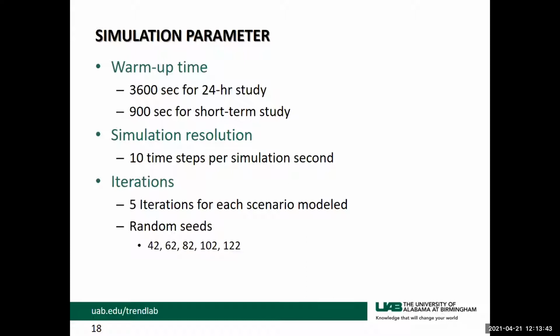As we worked with the simulation model, with something that is typical with this type of work, we had some warm-up time, 3,600 seconds for the 24-hour study and 900 seconds for the short-term lane closures. And we performed 5 iterations for each scenario.